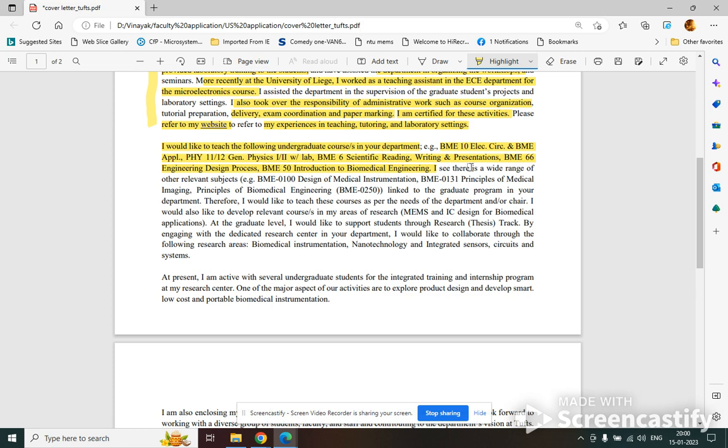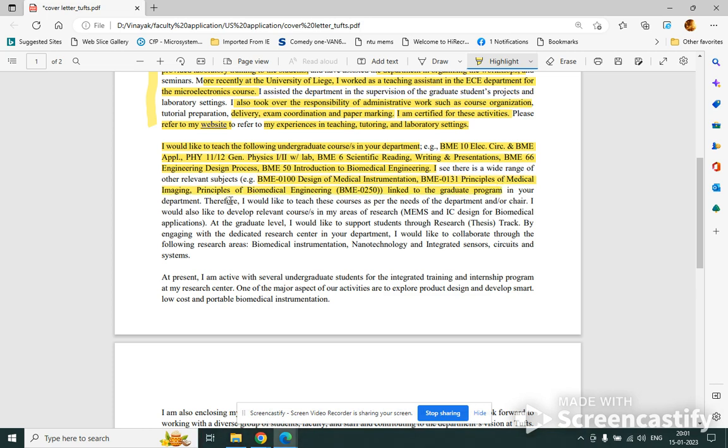And furthermore, I'm also telling them that there are separate courses. I'm telling them that I have studied your department, what the courses are for the undergrad and what the courses are for the grads.